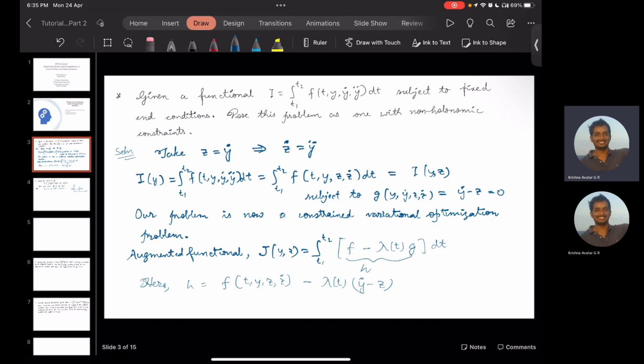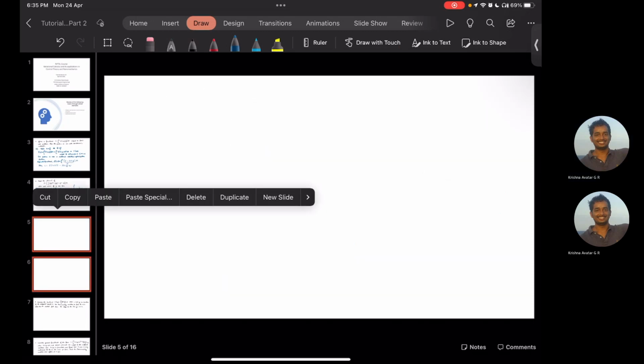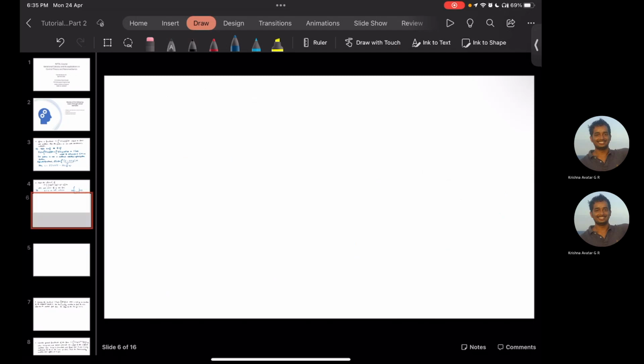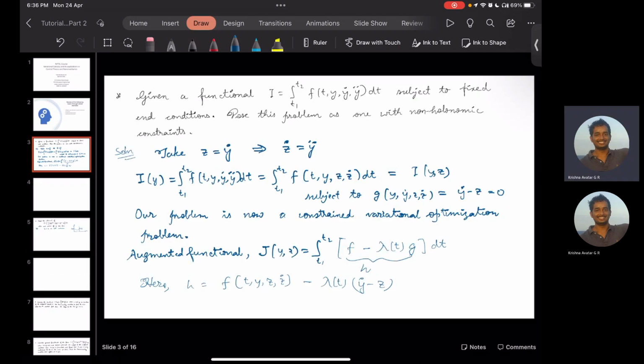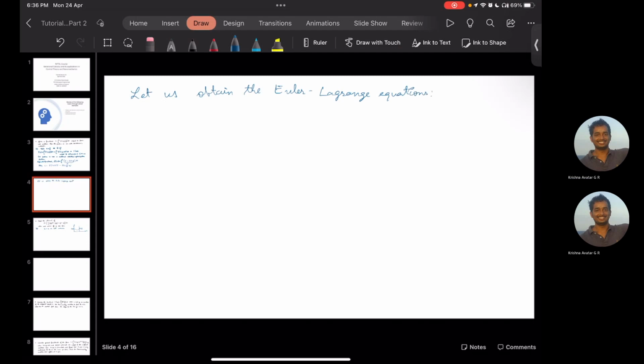Now we'll find the Euler-Lagrange equations. We'll have a set of Euler-Lagrange equations.